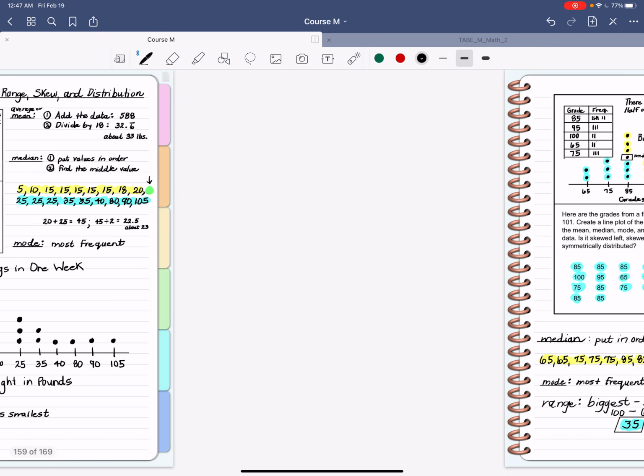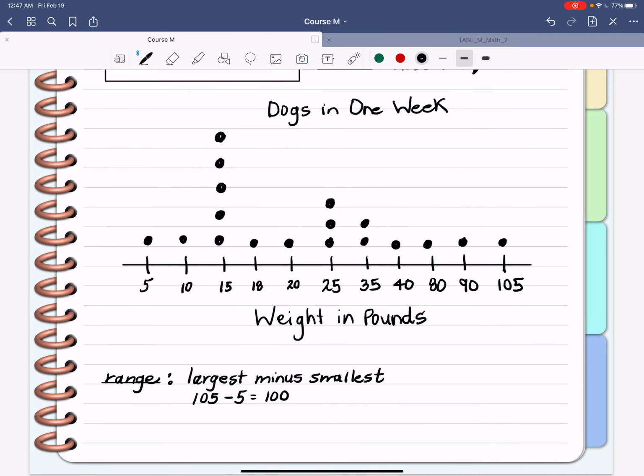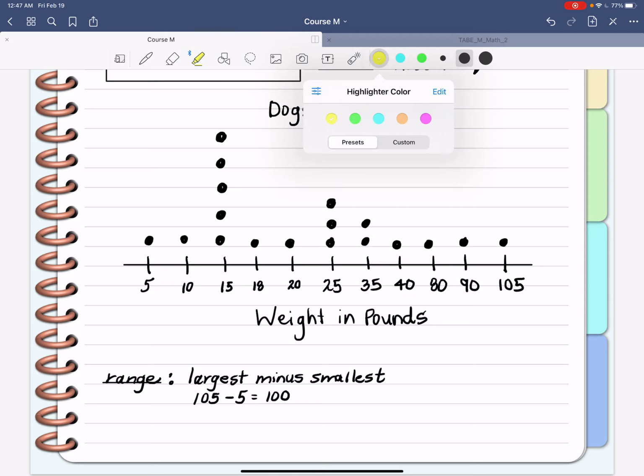Okay, let's go back to this one just a little bit. The dogs in 1 week, and let's talk about the distribution on this one. If I put a mirror right here, where would the middle of this one be? 1, 2, 3, 4, 5, 6, 7, 8, 9, 10, 11. 1, 2, 3, 4, 5. So here's the midpoint. Not the median, but the midpoint.